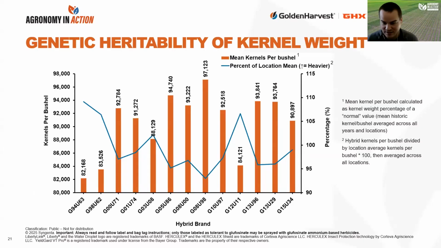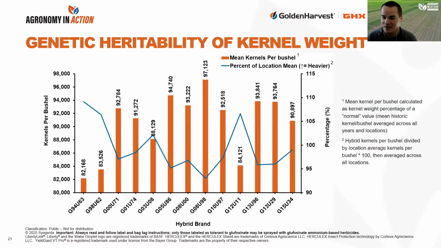G94U63, G98U62, and G12U11. Those three hybrids genetically produce heavier, bigger kernels compared to maybe a G08U98 or a G05U86, which tend to produce lighter kernels. That doesn't mean they're low yielding hybrids.